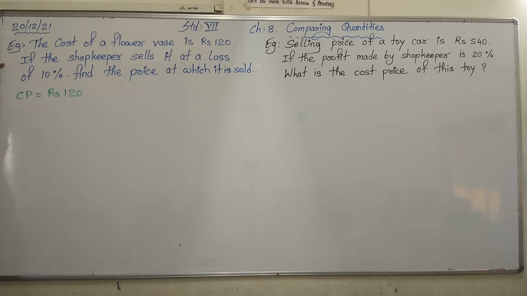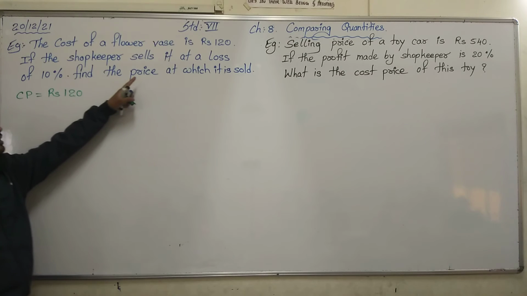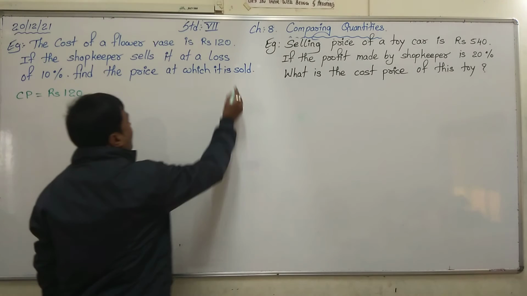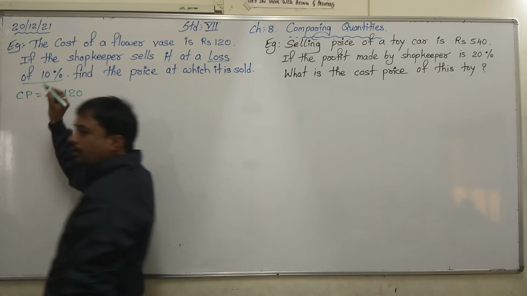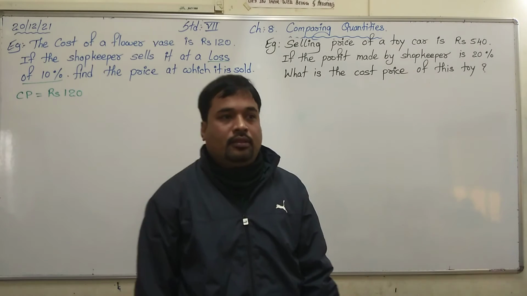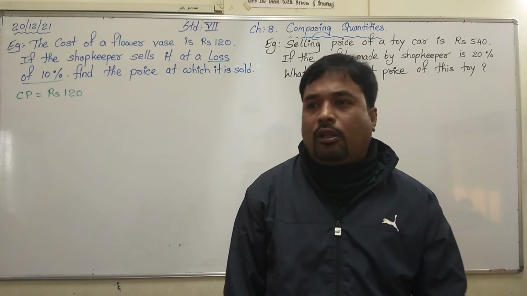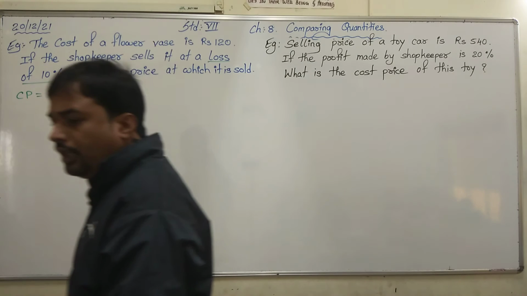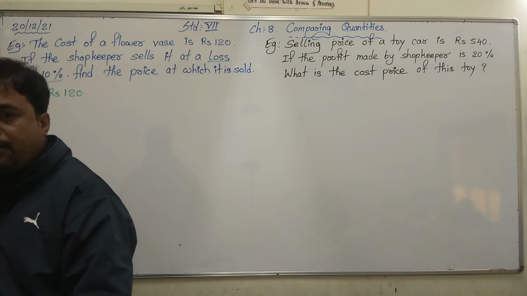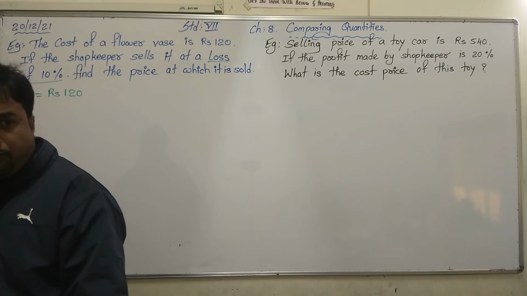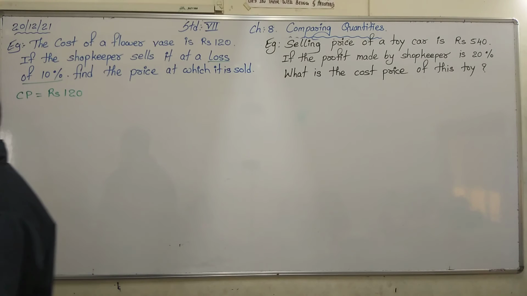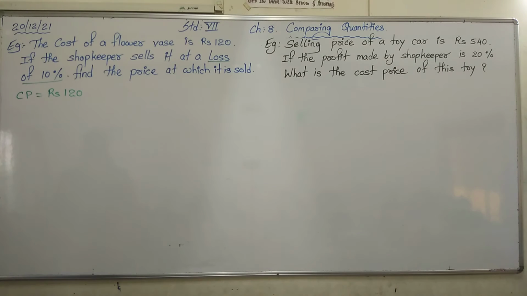If the shopkeeper sells it at a loss of 10%. Now here the loss is given to you in the form of percentage. Loss આપેલું છે આપણને percentage ના ફોર્મમાં, બટ આપણી ફોર્મ્યુલામાં કઈ આવે? રૂપીસ ના ફોર્મ. બરાબર?